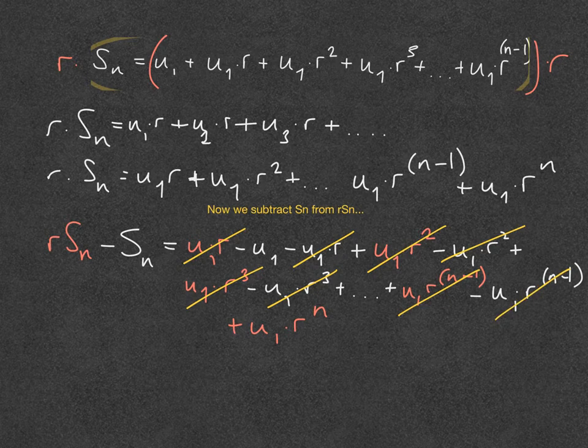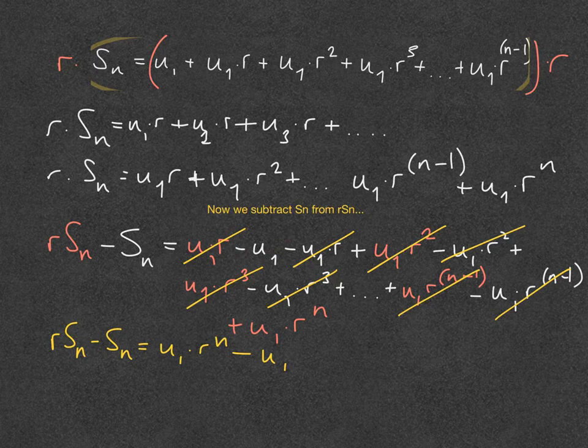So what we're left with looks something like this. r multiplied with Sn minus Sn equals, then we're going to take this final term here first, u1 multiplied with r to the power of n minus u1, because the two terms that were left to us was this one and this one here.